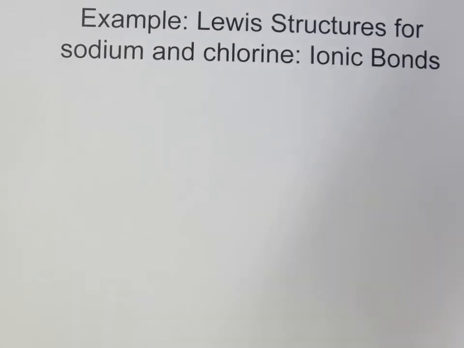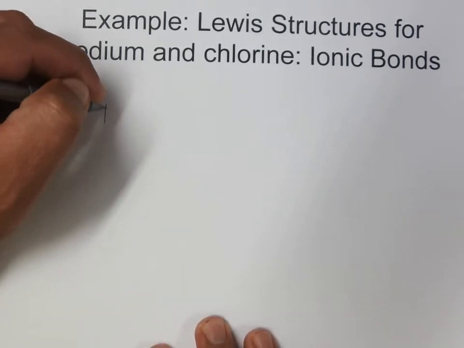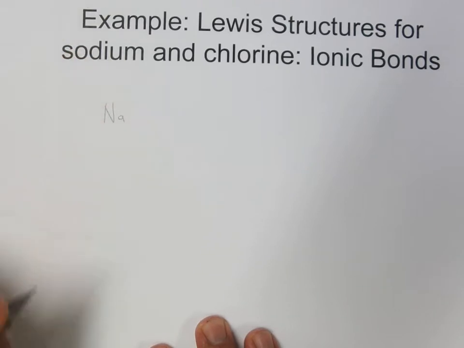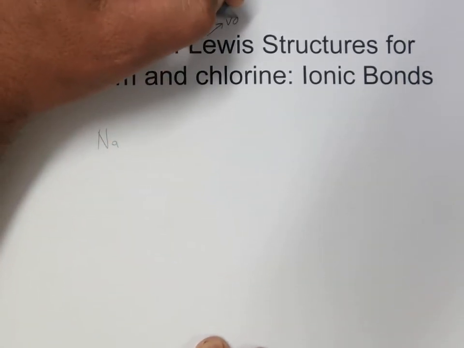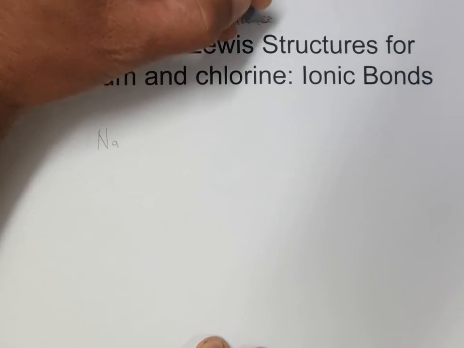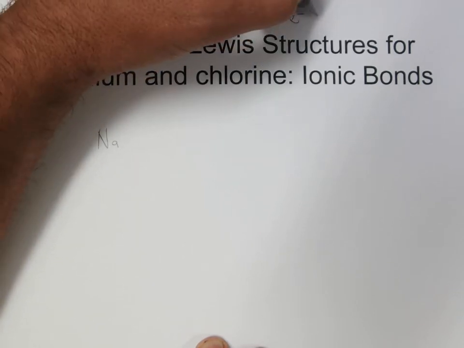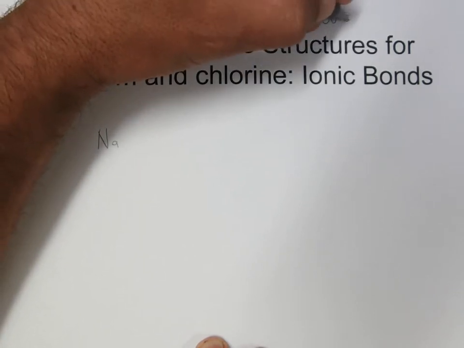One of the first things we can do to look at that is to look at Lewis structures for sodium atoms and chlorine atoms. What Lewis structures do is they tell you where the valence electrons are. So we're going to focus on the valence electrons, or the outer electrons, as they're often called.